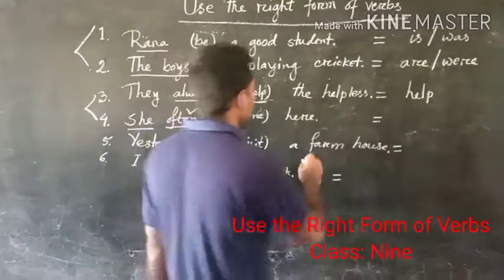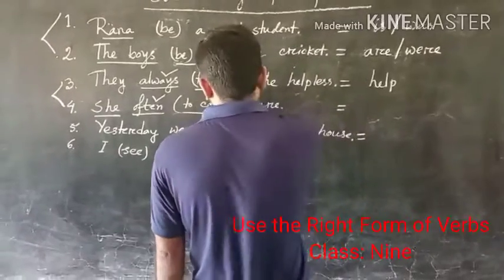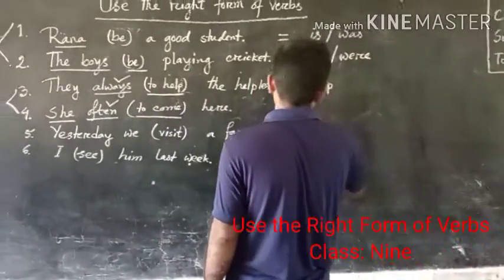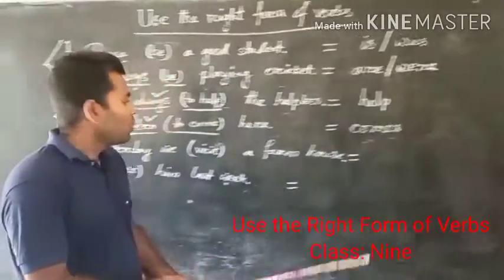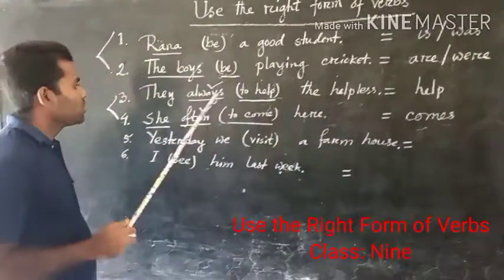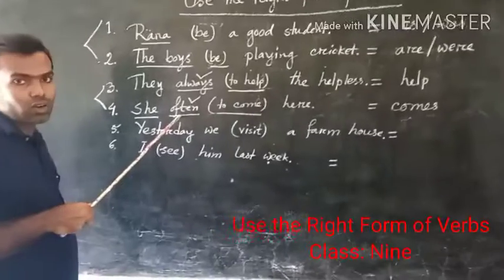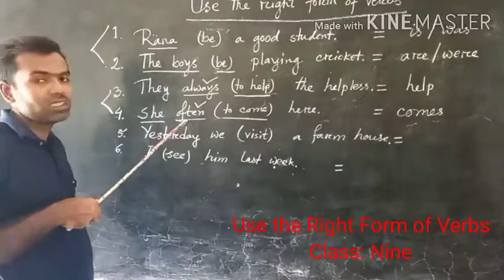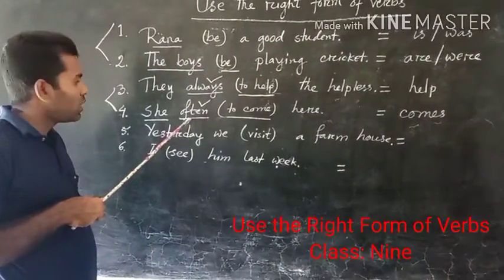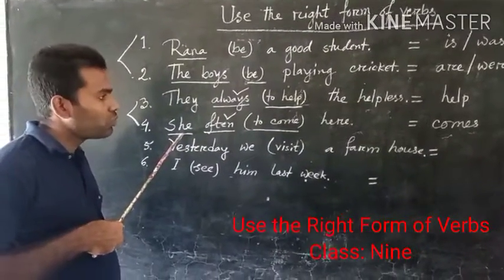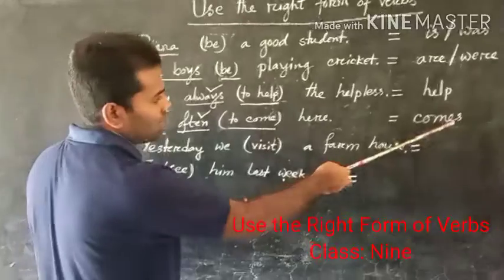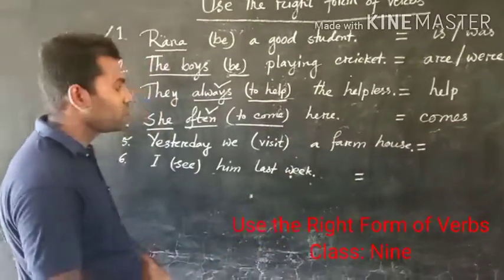In present indefinite tense, the verb to come will be comes. That means as the word often indicates present indefinite tense, but she is in singular form, we have to add s to the verb come.